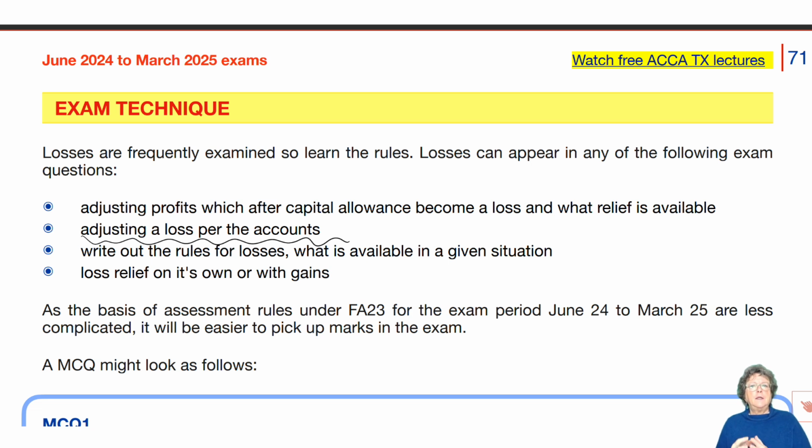You're intelligent students. Just put the brackets in the right place. It may be that it's a loss to start with and you have to adjust it, same pro forma. It may be a profit at the top, adjust as you would with all the various different things, and it becomes a loss as a result. One of those situations.